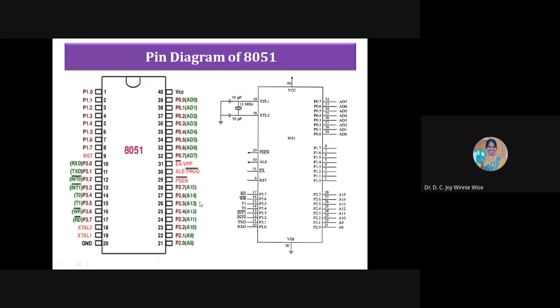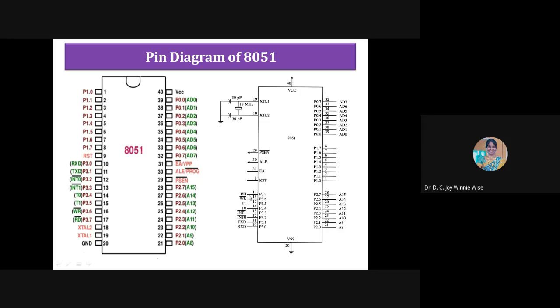There is the P3.7 pin, used to represent the read signal. Then we have the write signal. Then T1 is timer 1 and T0 is timer 0. We have two timers. And then we have INT1. This is the interrupt; there are two interrupt lines, INT1 and INT0. Then for transmitting and receiving serial data, we have transmit data and receive data.